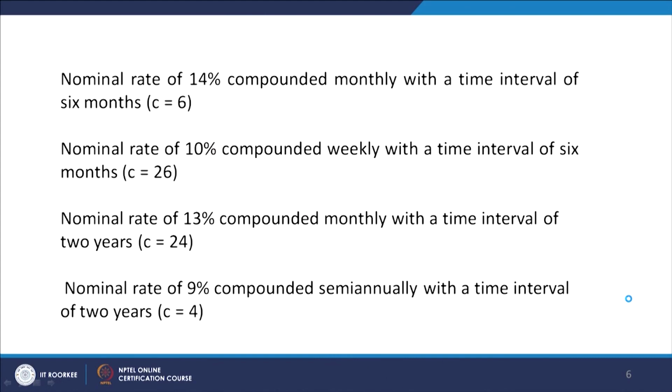Next we will further see the next question. You have a nominal rate of 14% compounded monthly with a time interval of 6 months. Now we have to see this different type of problem.